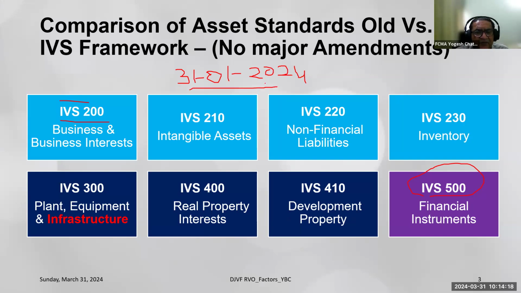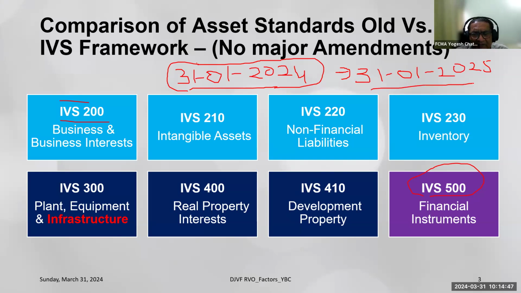On 31st of January 2024, they published the revised International Valuation Standards, and that will be made mandatory effective from 31st of January 2025. So actually, 1 year of time is given to the registered valuer to comply with the new standard.